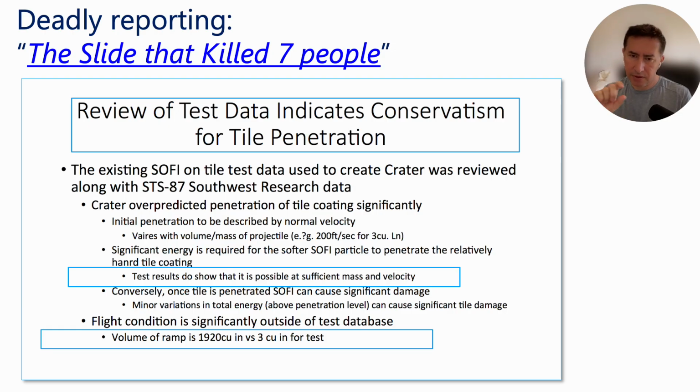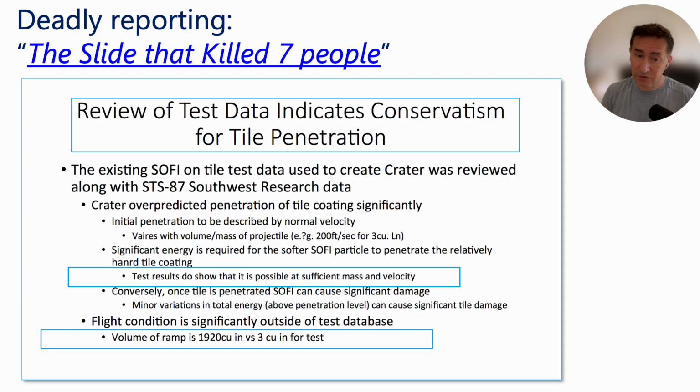And I think the important part and the criticism of people is that the important part in these slides are this part in the blue rectangles that you see at the bottom, and they are casually mentioned there in a small font. So we are saying, hey, we have run the tests. The tests seem to be very optimistic and give us a very encouraging result. But then, oh, by the way, test results do show that it is possible, at a sufficient mass and velocity, to penetrate the coating.